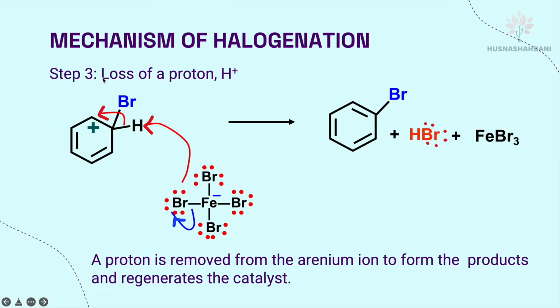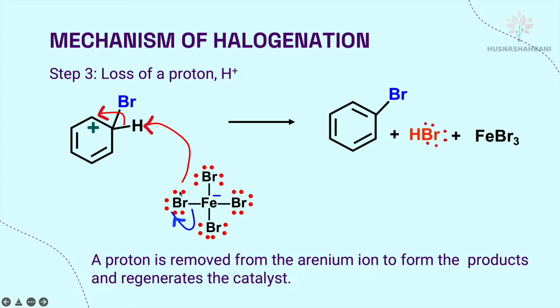Step number 3 is loss of a proton in the form of H+. So FeBr4- from step 1 is used to get the proton. Here we know that Fe-, because Fe prefers to have 3 bonds only, is stable with an incomplete octet. So it removes one of the bromine atoms by giving its 2 sharing electrons to this bromine atom, making this bromine atom have 8 electrons in total, Br-.